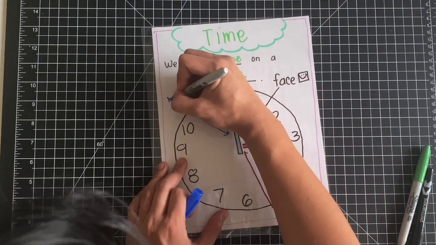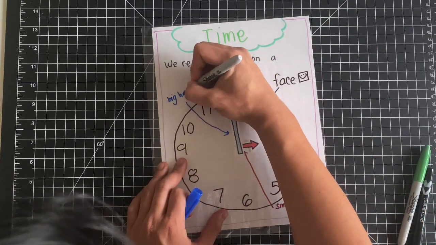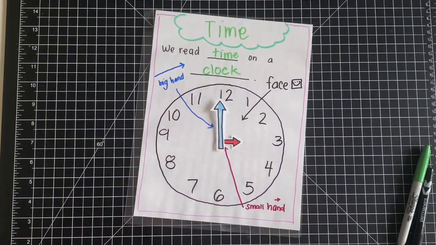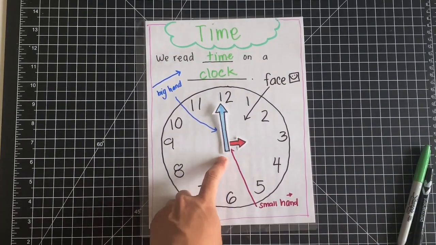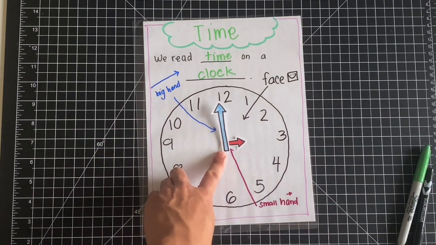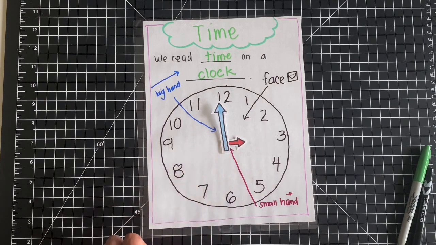I'm going to write down big hand and a big arrow. Because the big hand tells us the minutes. The big hand tells us the minutes. Tell your families, what does the big hand tell us? The big hand tells us the minutes.